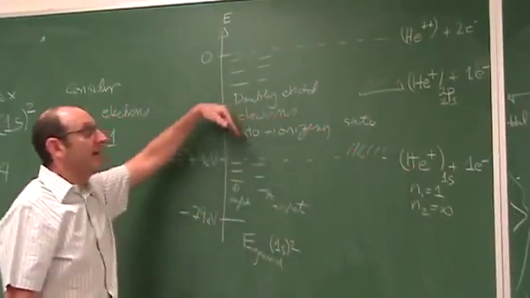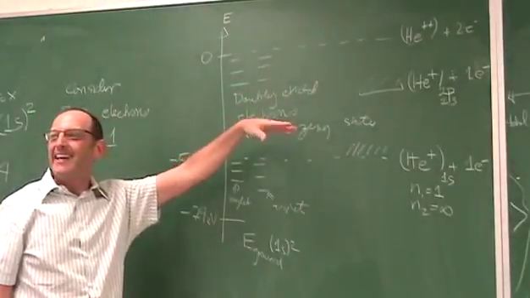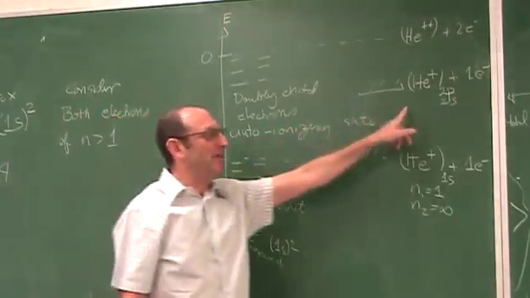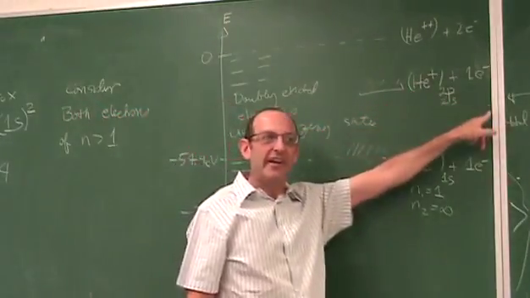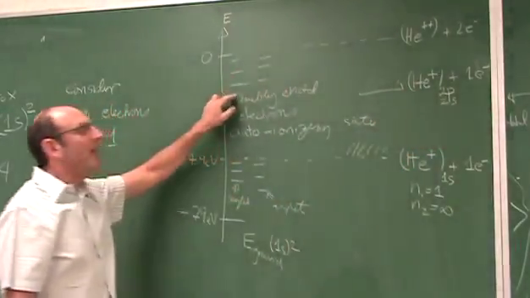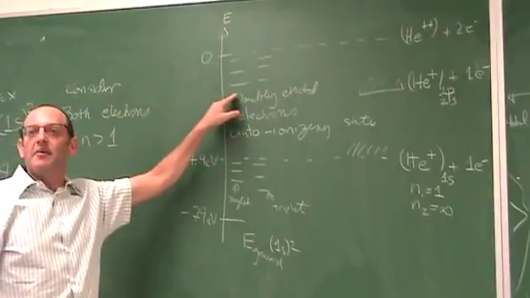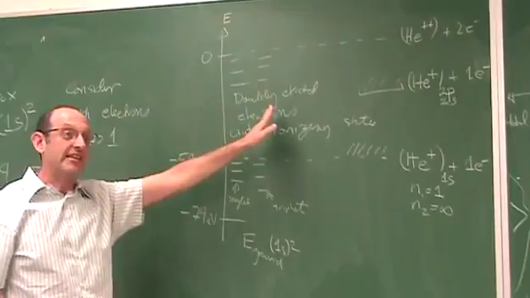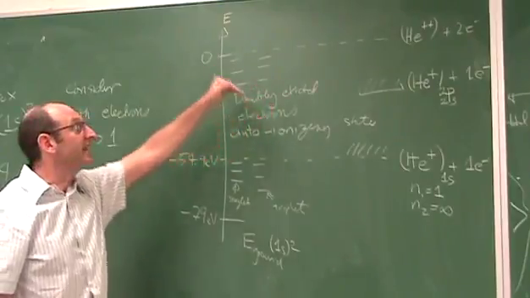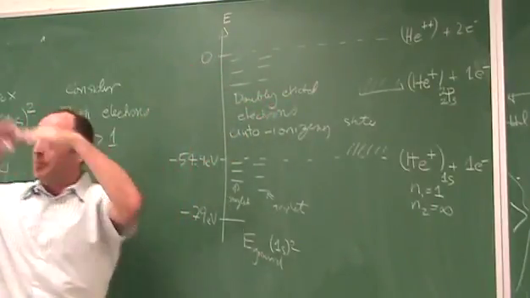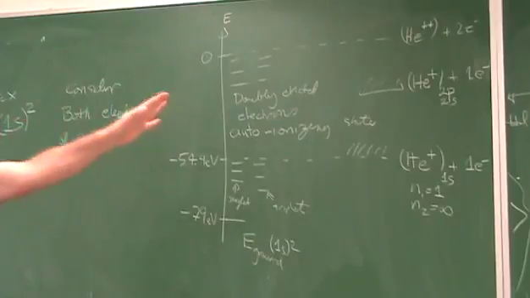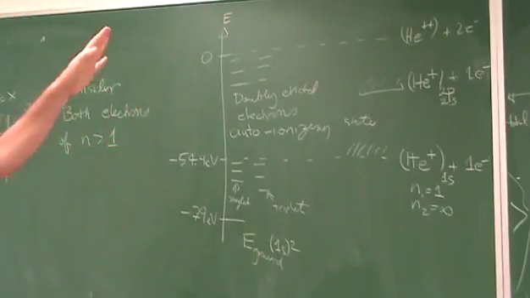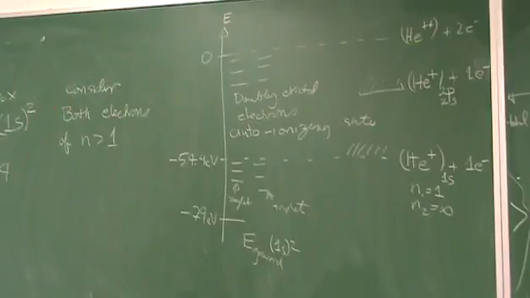And then up here we have a whole more complicated set of states where either one electron is still bound and the other is free, or they're both quasi-bound, but not in a stable eigenstate, coupled to the continuum, auto-ionizing. And then way up here is where both electrons are completely free and free to move about the room. Okay?